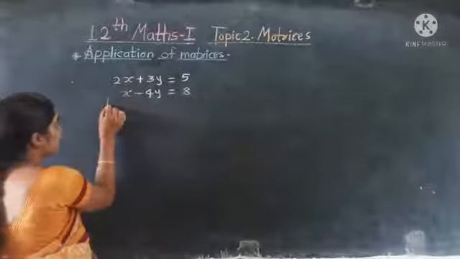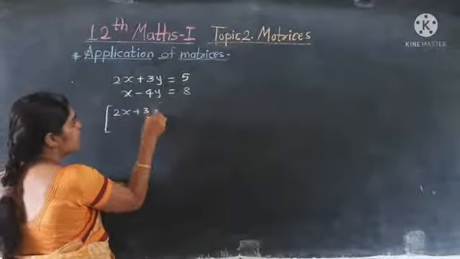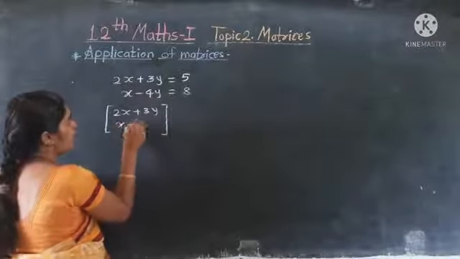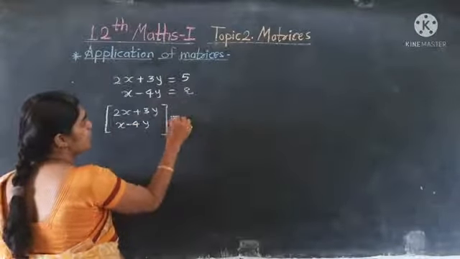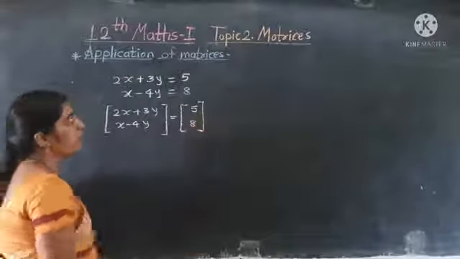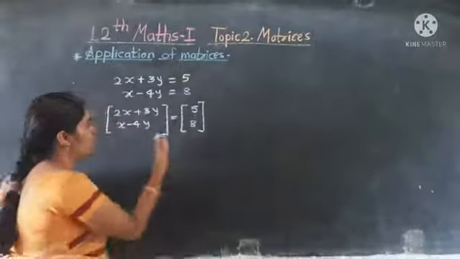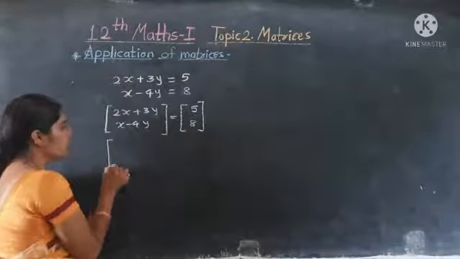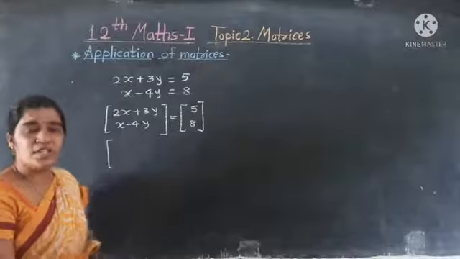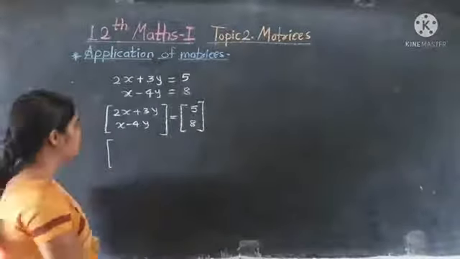You can write this equation as 2x plus 3y and x minus 4y is equal to 5 and 8. So we write this equation in matrix form. Also, you learned addition, subtraction and multiplication of matrices in 11th standard.